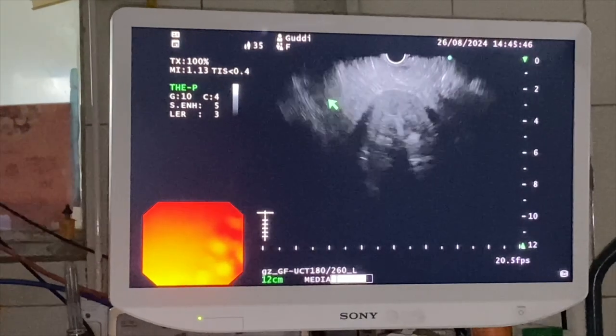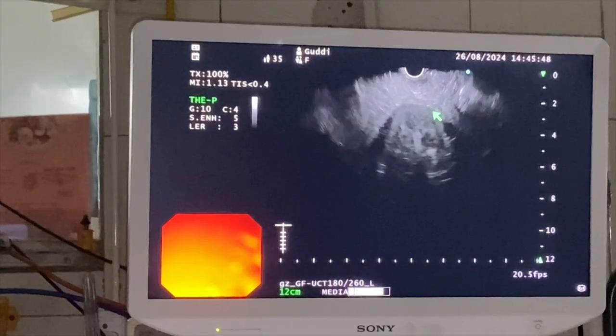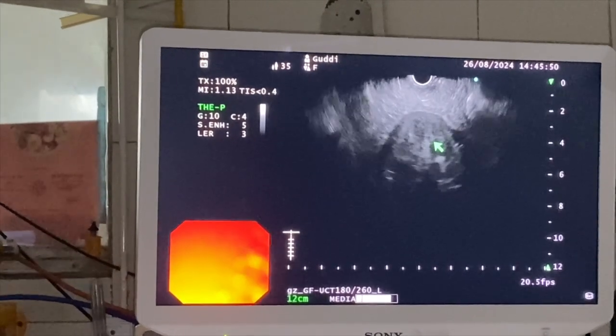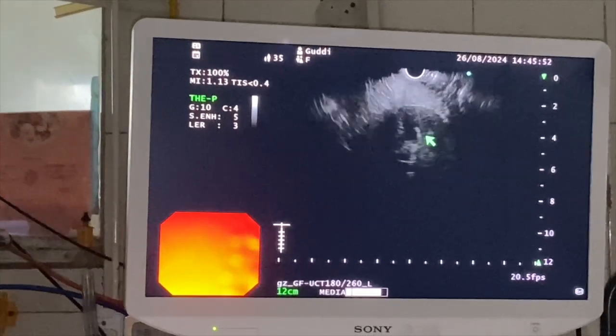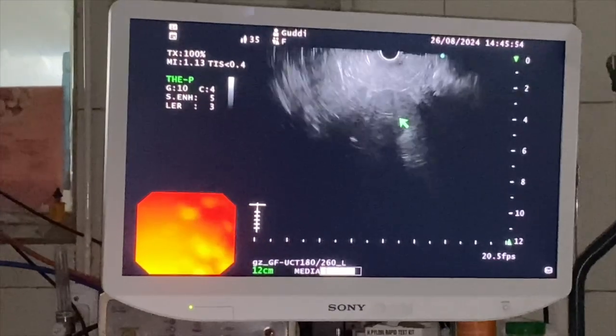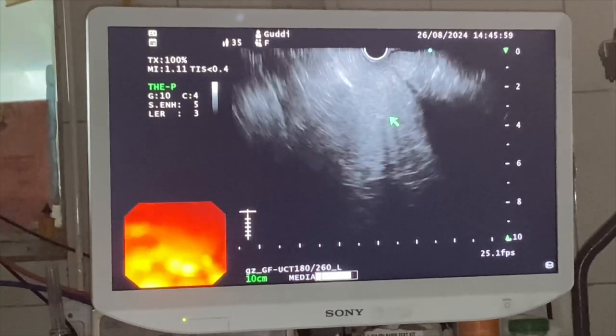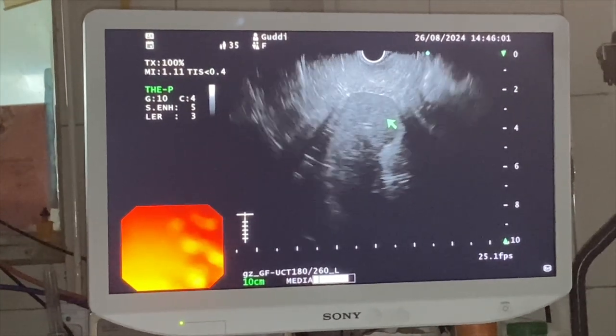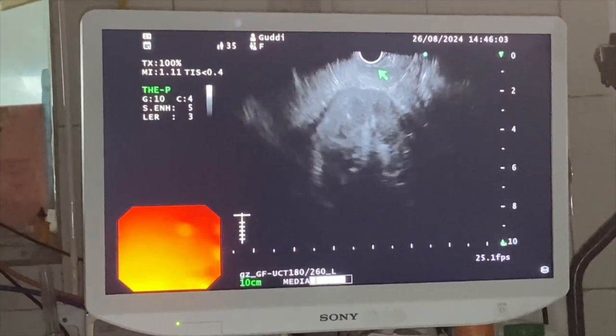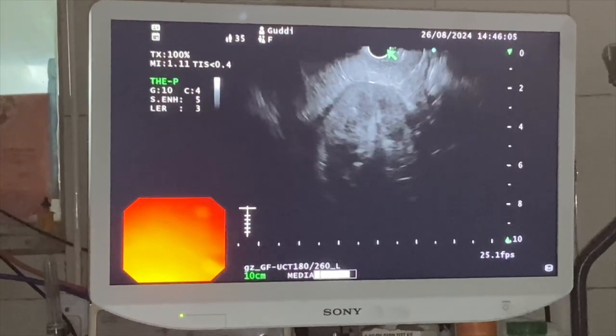This is the kidney, and the segment of the liver which is adjacent to the kidney is the segment 6 of the liver. So this is segment 6 of the liver.